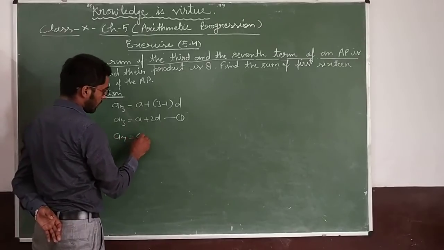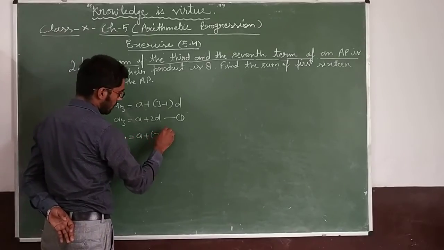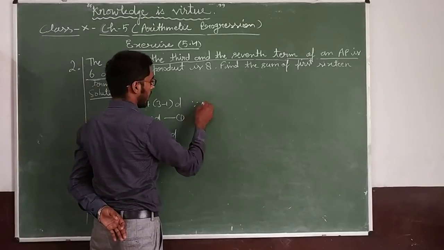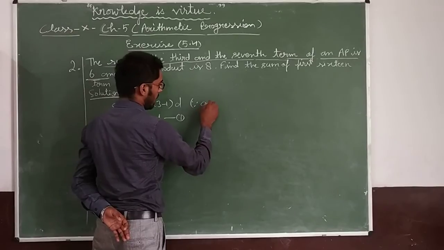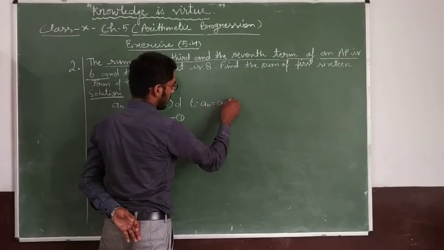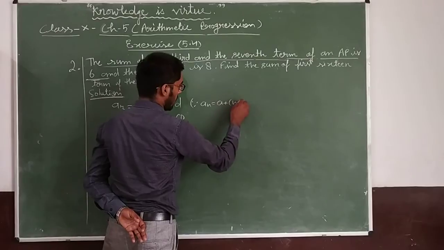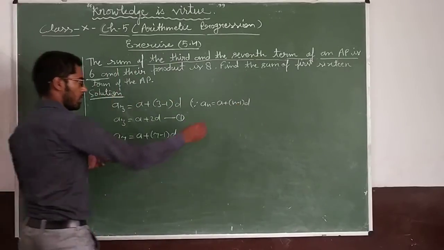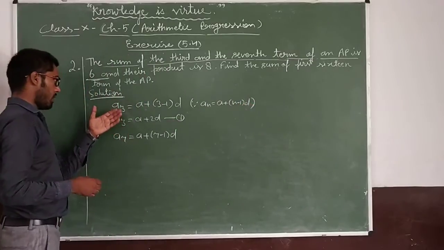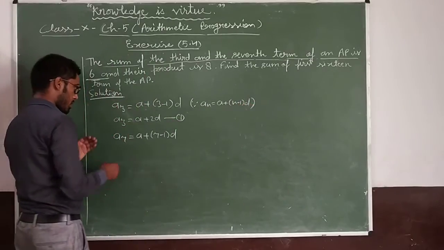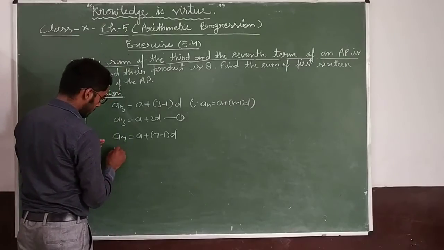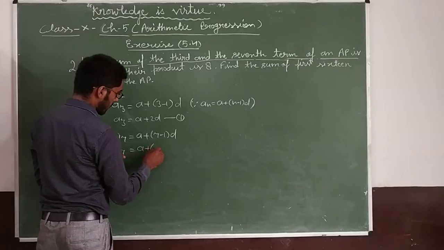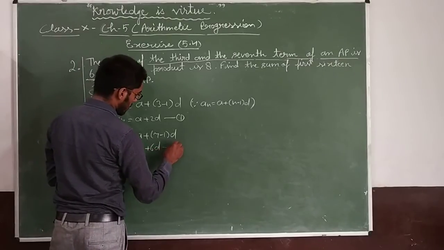A7 is equal to A plus (7 minus 1) into D. We are solving with the help of the formula AN is equal to A plus (n minus 1) D. Don't be confused; if you have any problem, you can contact me. So A7 is equal to A plus 6D. This is equation number two.